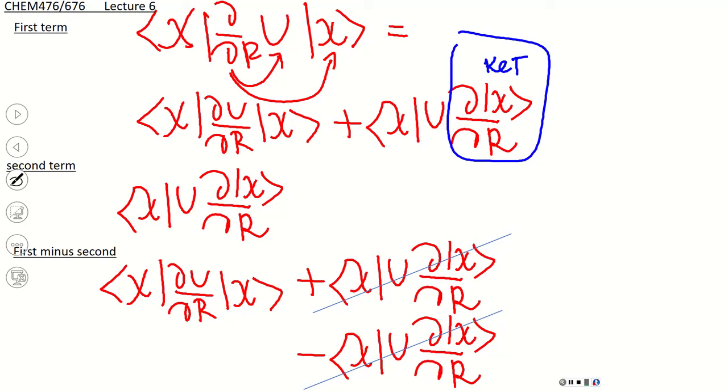When you look for the second term, you flip the order. Potential goes first, derivative goes second. And now this derivative applies from left to right, only to the wave function. And it will be only one term. So here it generates two terms, here it gets one. And then we add together this plus this minus this.